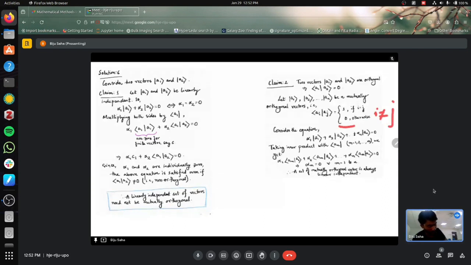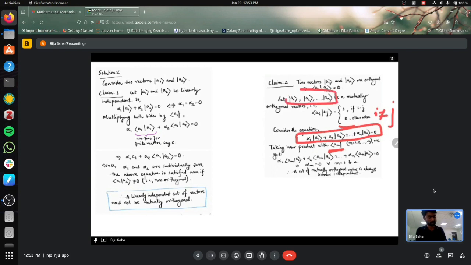Now let us consider this equation. This particular equation is a linear combination of all the vectors with some coefficients. If I am claiming that they are linearly independent, then I should conclude that individually the coefficients are equal to 0. So let us check this. I take the inner product with an arbitrary vector from this set.